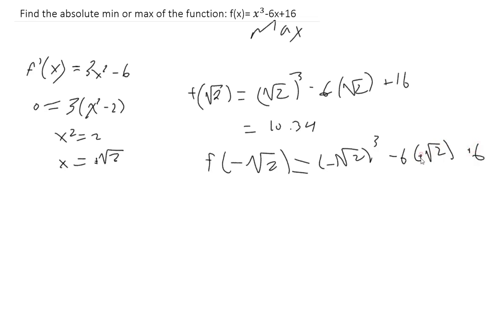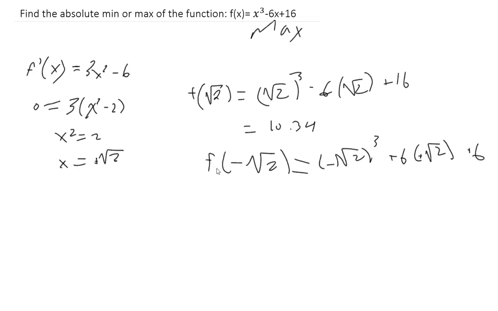So this will cancel out and become a positive. Let's go ahead and do this math here. Negative square root 2 cubed plus 6 root 2 plus 16.